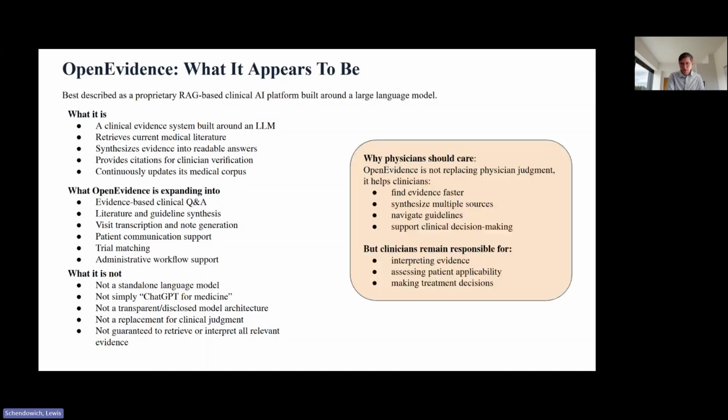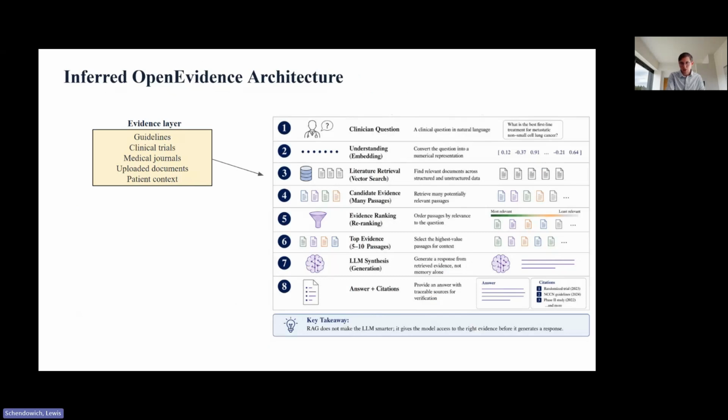Why should we care? Physicians need to care because the system may help us find and synthesize evidence more efficiently, but it does not take over the clinical decision. When you look at the inferred model architecture, you can split it up into three different layers. This is the best guess of how OpenEvidence is actually structured.